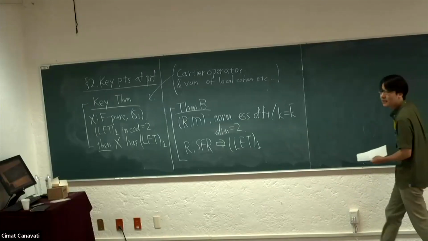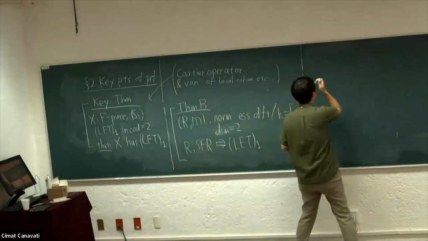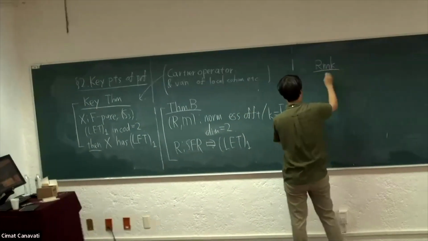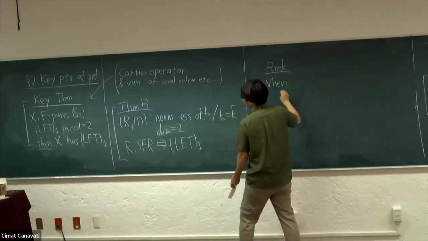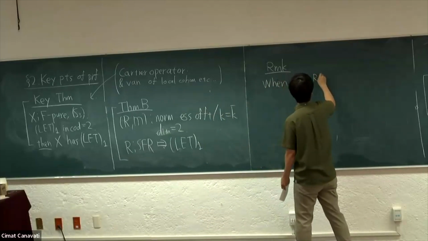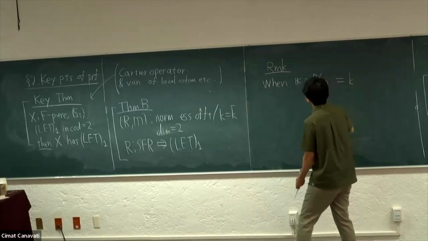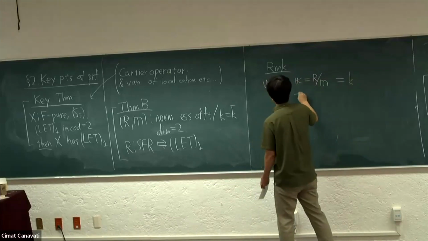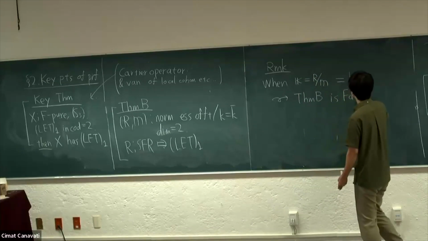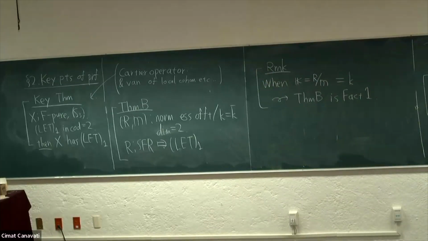And how does that differ from Fact 1? Yes, thank you for the nice question. So I explain the relation with Fact 1. If the residue field of R is equal to the base field, then Theorem B is nothing but Fact 1. So it's okay, by graph, Fact 1 by graph.